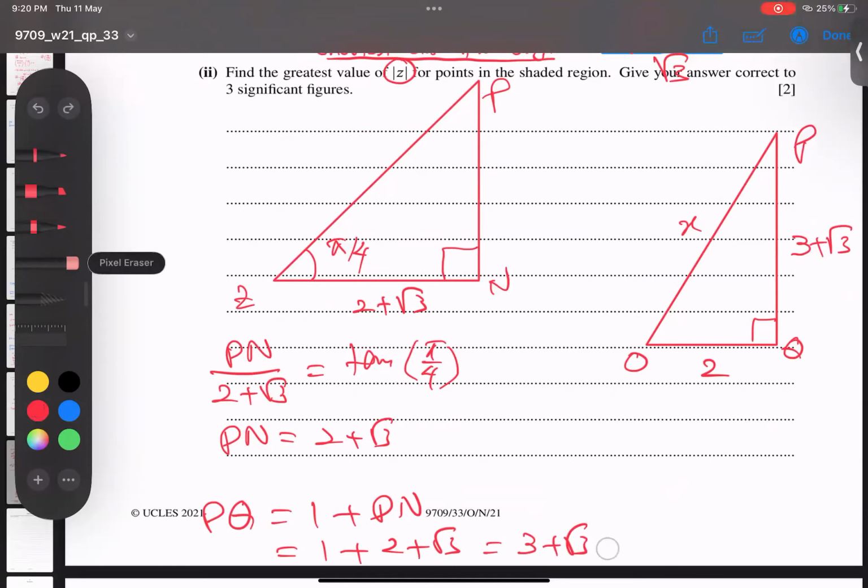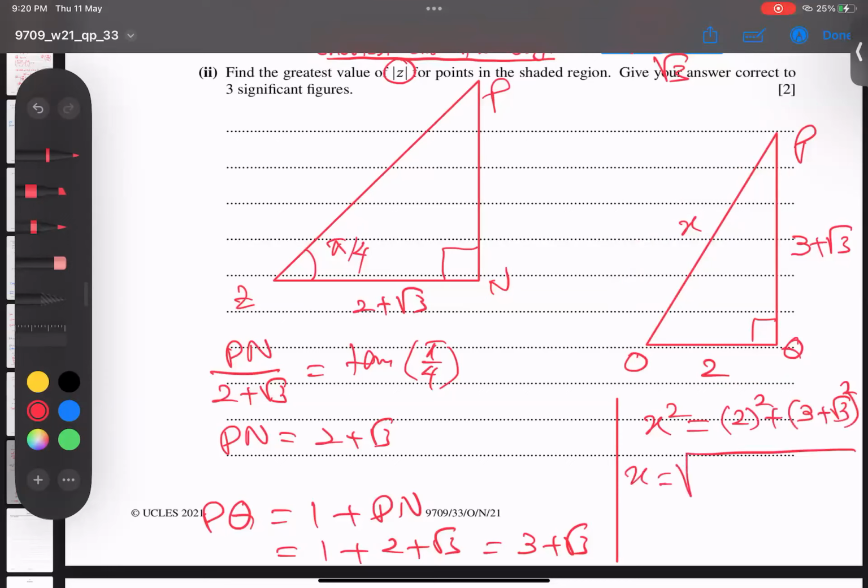Now I'm using the Pythagoras theorem, students, and then the game is over. Applying Pythagoras: hypotenuse squared equals 2 squared plus (3 plus root 3) squared, and take the root. I'm typing the whole thing into the calculator.